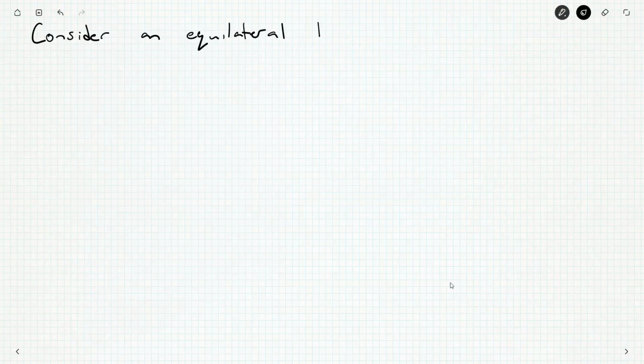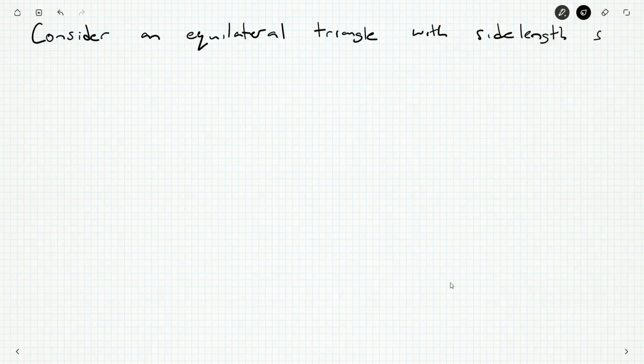So consider an equilateral triangle with side length, we'll make it generic, we'll say S. This will be interesting for those of you who didn't know the formula for the area of an equilateral triangle just in terms of its side length. We're going to show how to get it. And then at the end, we're going to say, well, for ABC, let S equal 4.